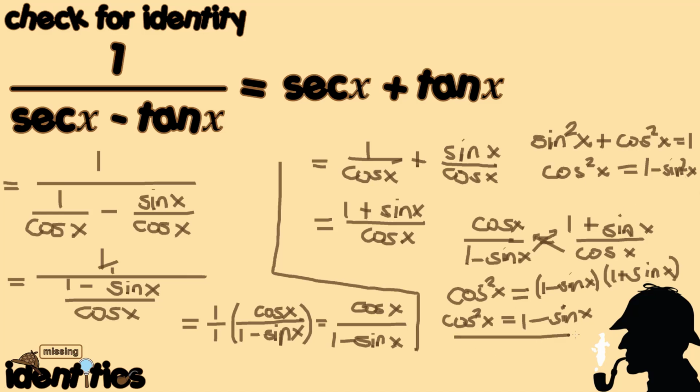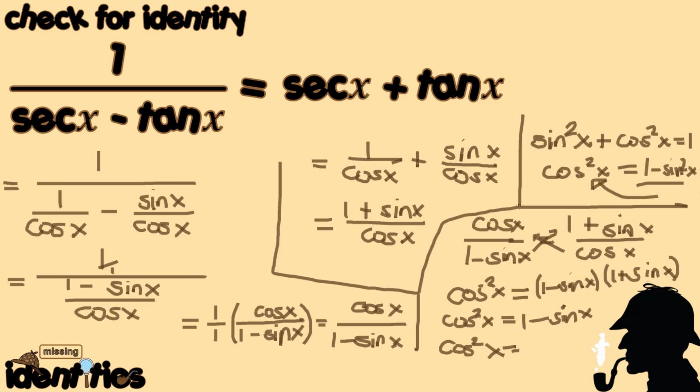In short, look at this one and that one. By the Pythagorean identity and the fundamental law of proportion, we can say that cosine squared x is just 1 minus sine squared x, or 1 minus sine squared x is just equal to cosine squared x. Let me separate these portions here as well. So we have 1 minus sine squared x is equal to cosine squared x.